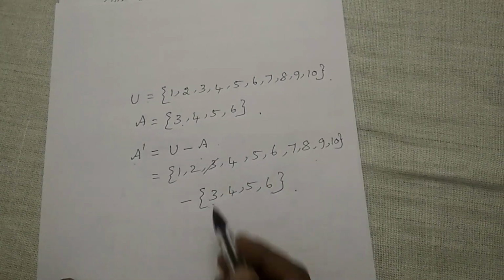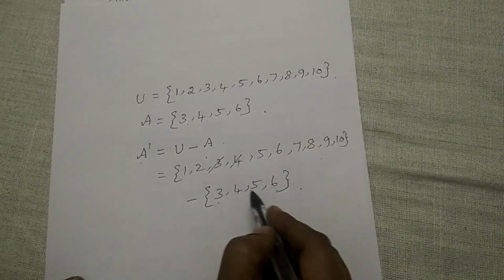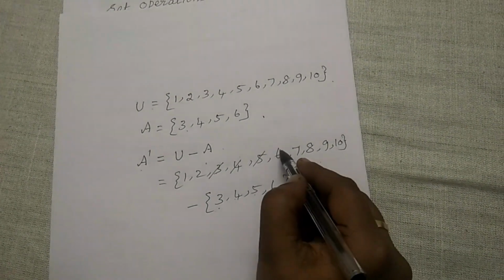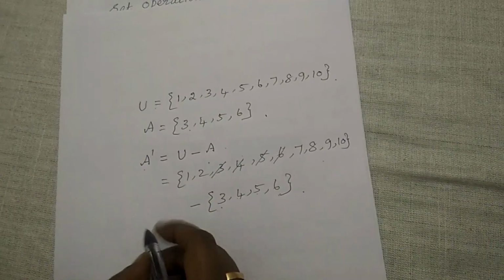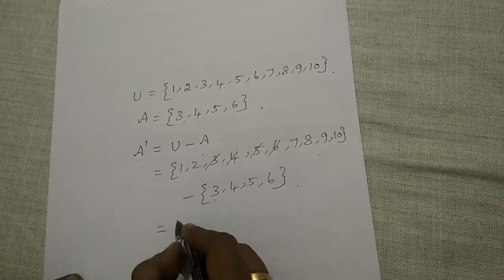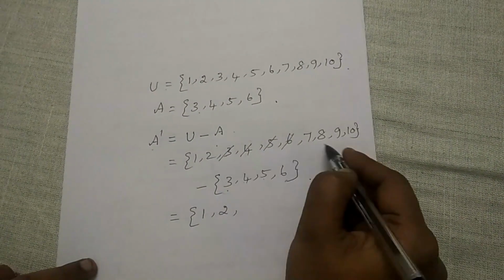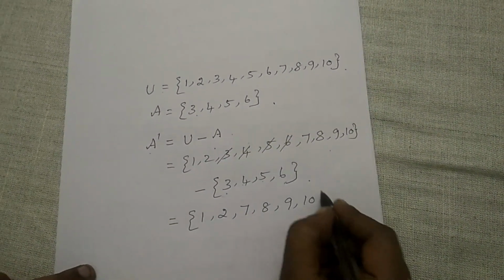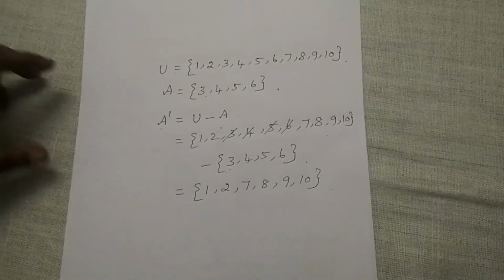So we have to cut this one. 4 is in the universal set. Cut this one. Then 5 is in the universal set. Then 6 also is there. Okay. The remaining universal set is the A complement. Therefore A complement is 1, 2, then the remaining values 7, 8, 9, 10. Are you clear? Next one.